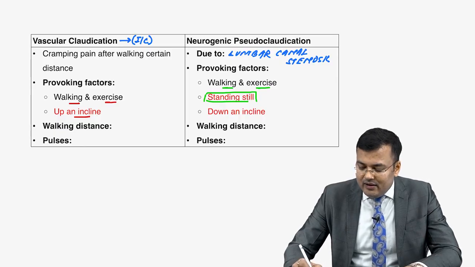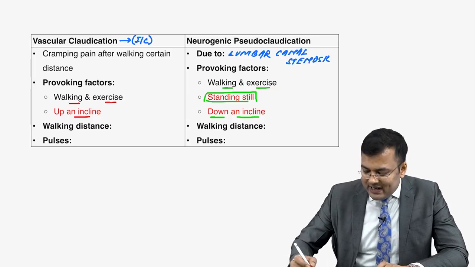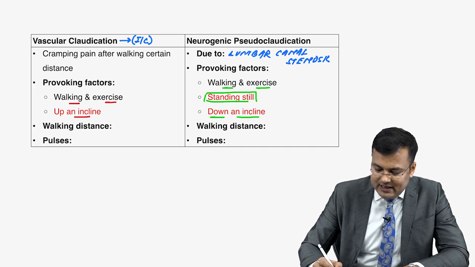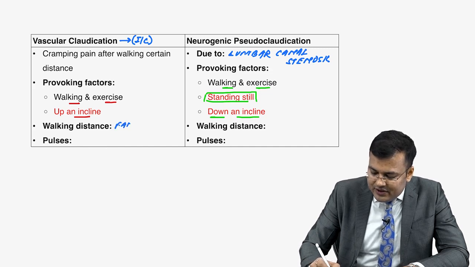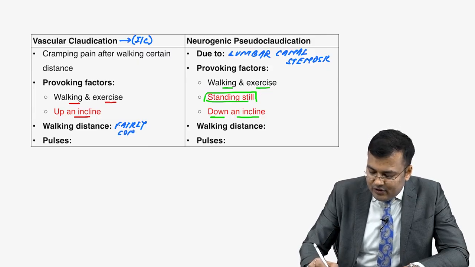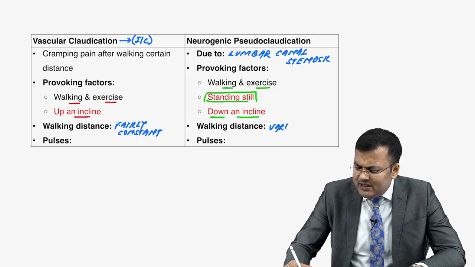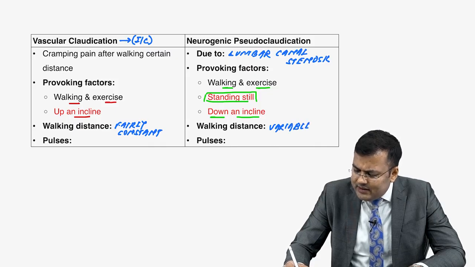Also, in claudication distance is fairly constant in intermittent claudication, but in pseudo-claudication it is variable because it is related to lumbar canal stenosis.